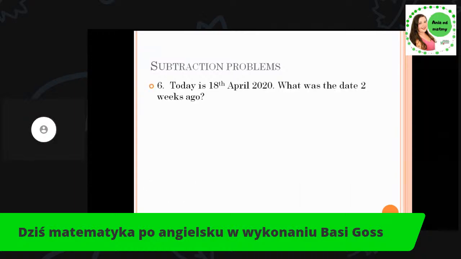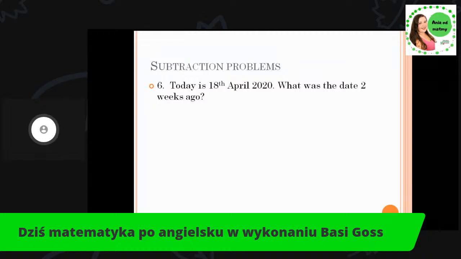Problem number 6. Solve. Let's read together. Today is the 18th of April 2020.